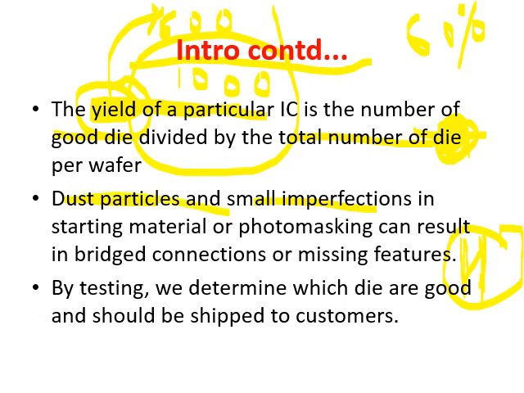Dust particles or small imperfections in the material or even photomasking can result in a few missing connections or some errors. So by testing, we are determining which die are good or which chips are good, and after testing which chips can be put into the market or shipped to the customers.